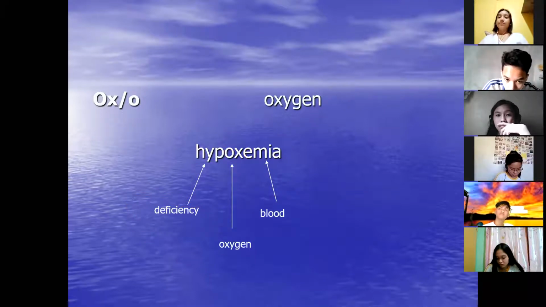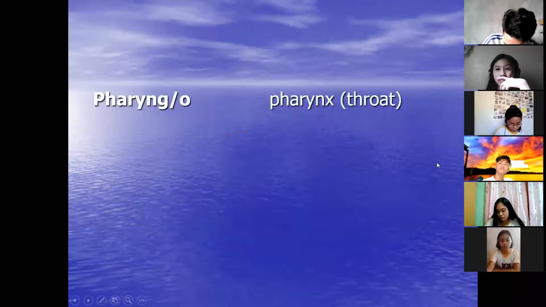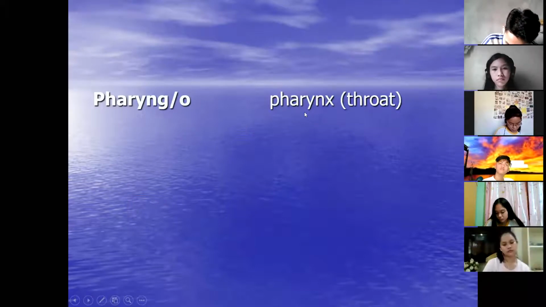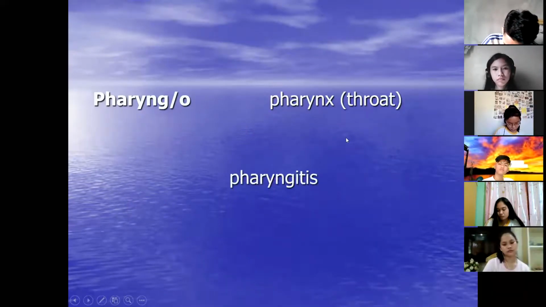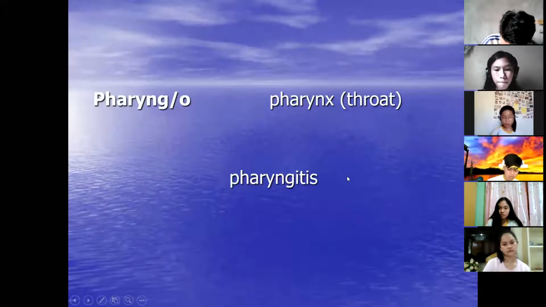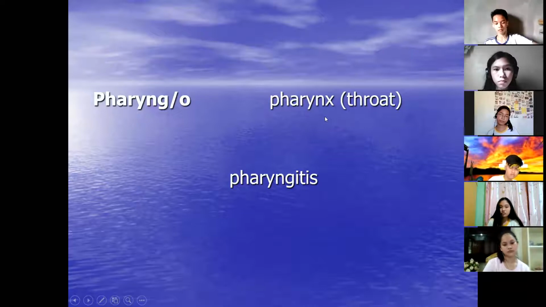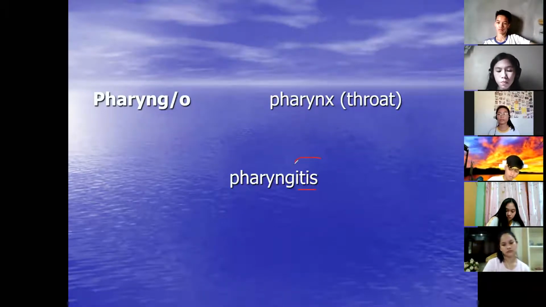Then we also have pharyngo. Pharyngo pertains to pharynx or throat. And we have this condition known as pharyngitis. The suffix itis means inflammation, something that is inflamed.